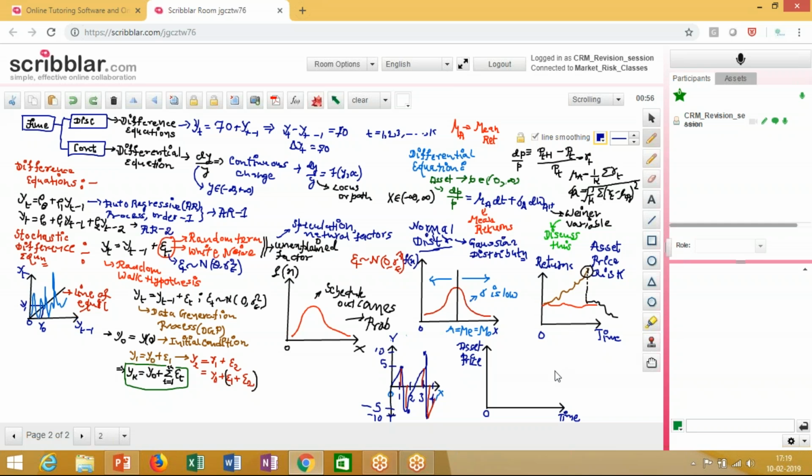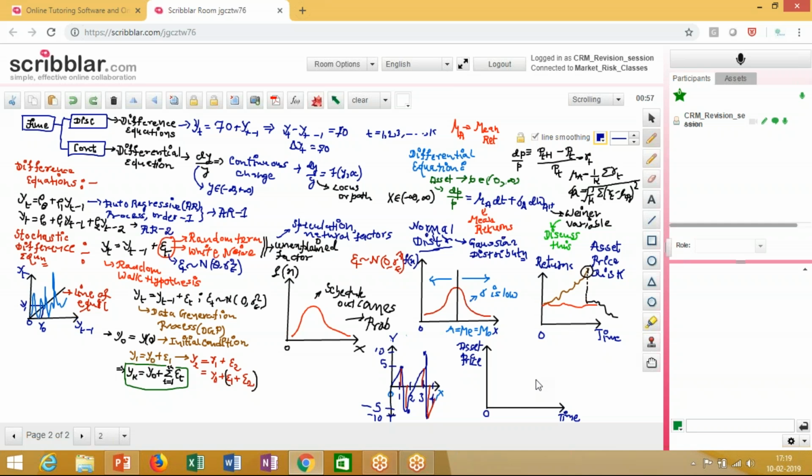Now let's think about the asset price. An asset price is identified using two things. One is its average returns, and the second is the volatility. This volatility is nothing but the standard deviation, the overall deviations that we have.